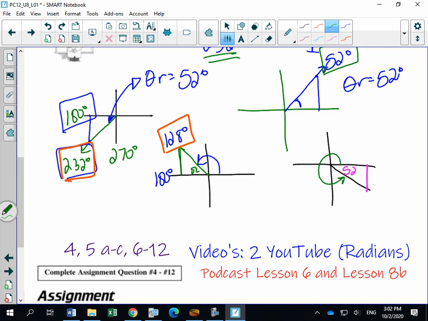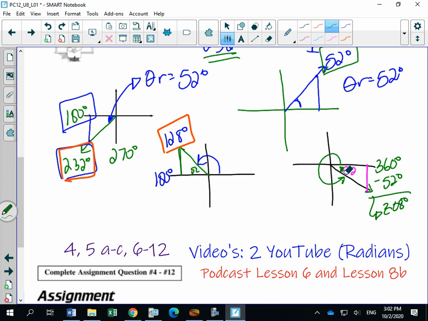One complete rotation is 360 degrees. If I subtract this 52 degrees, 360 minus 52 is 308 degrees. So this angle would be 308 degrees.